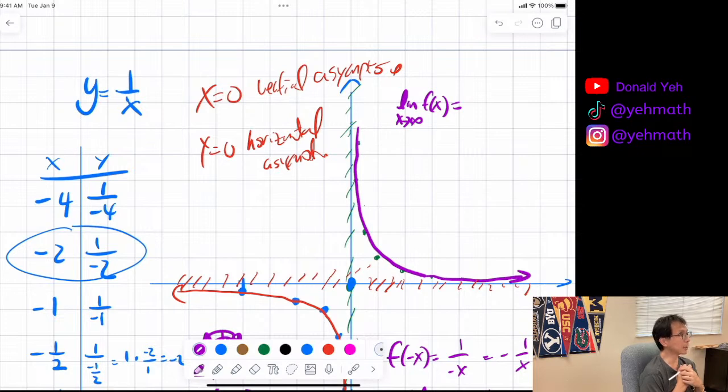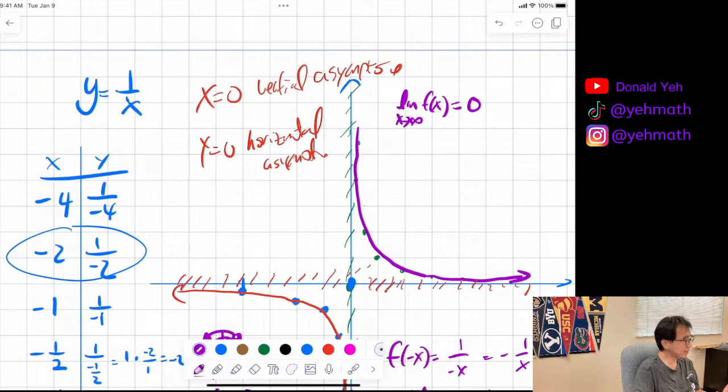It will actually reach 0, because it's going to get so close. It's going to get close to 1 over 1,000, 1 over 10,000, 1 over 1 million, 1 over 10 billion, 1 over 1 trillion. But the value is going to be infinitesimally small, so it's actually going towards 0.